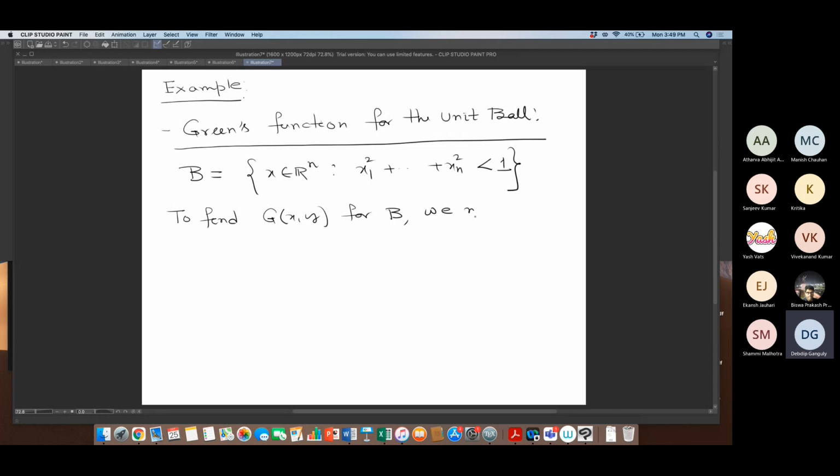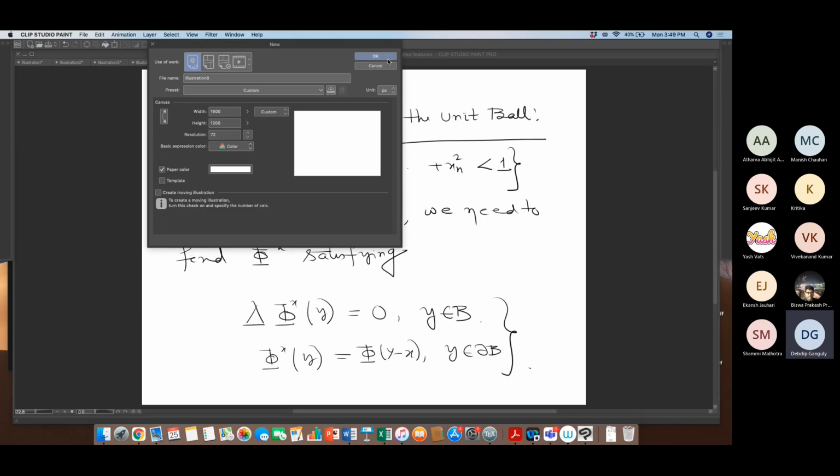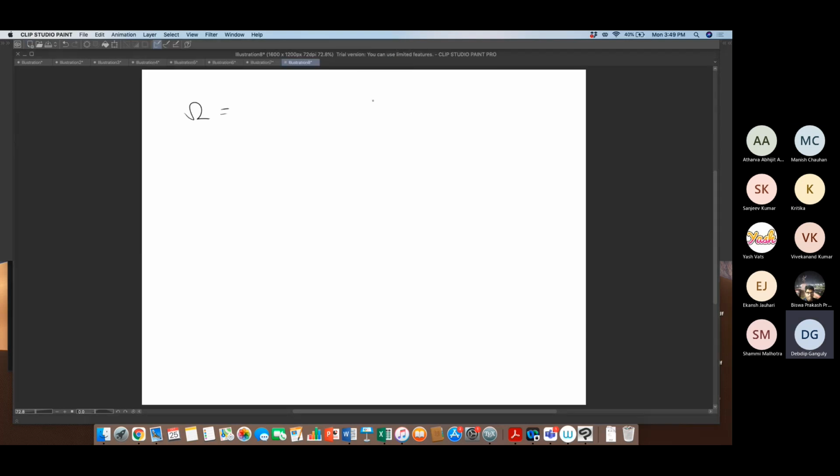So we need the harmonic function phi x satisfying phi of x y, for y in del B. That means your domain omega is nothing but this one.